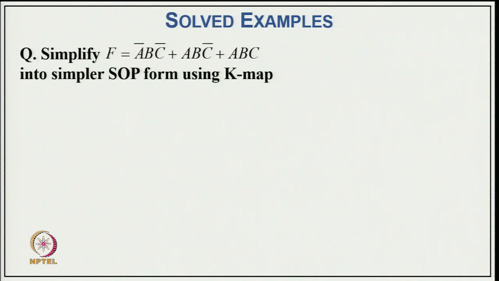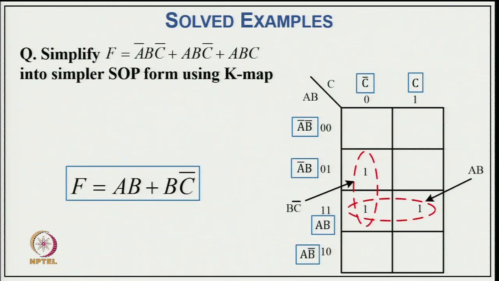So, simplify, typically, f equal to 3 minterms: A bar B C bar plus A B C bar plus A B C into a simpler SOP form using the Karnaugh map. Here we are putting all 3 terms into this Karnaugh map of 8 cells, and now to simplify it we can combine in this manner.